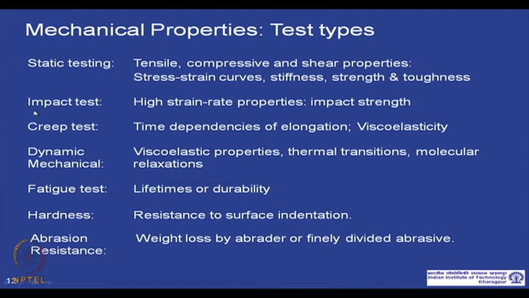But for this lecture, we will mainly talk about the first two tests, which are used very often, and the rest of the tests will not be covered because of lack of time.